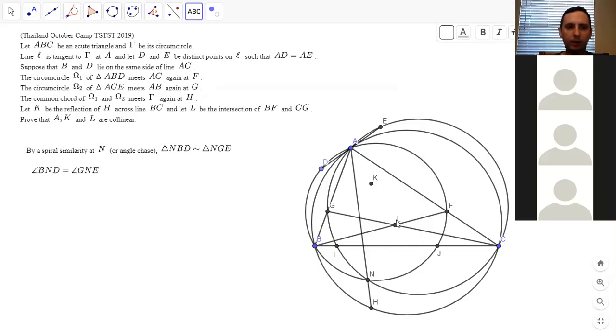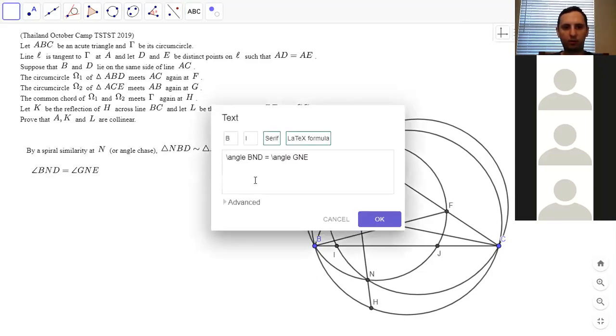Then BND is BAD. And BAD will be ACB. So GNE is BND, not BNA, Michael.